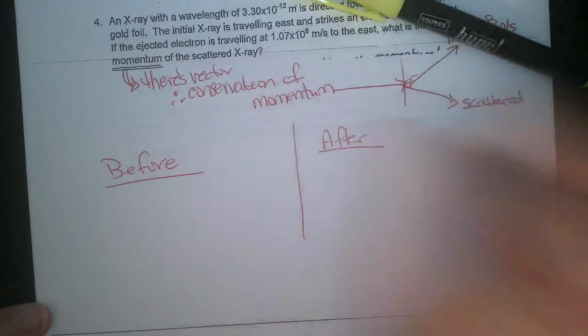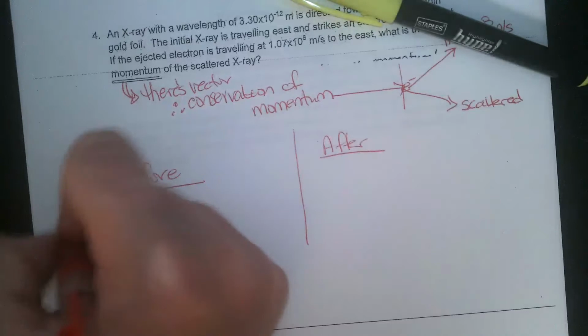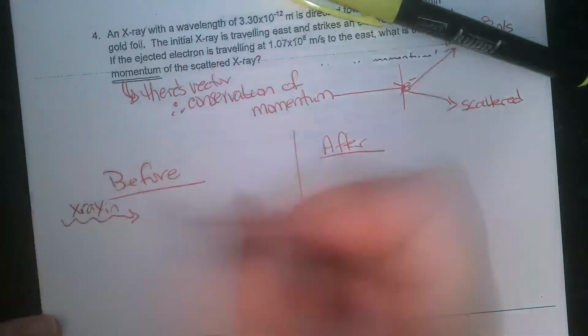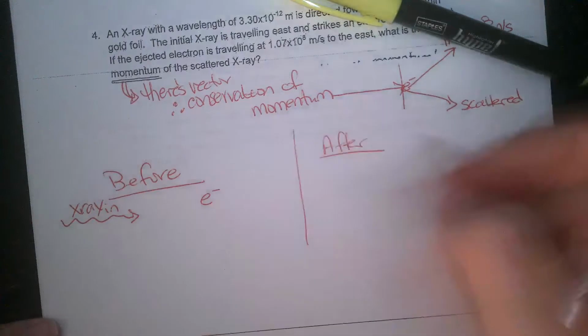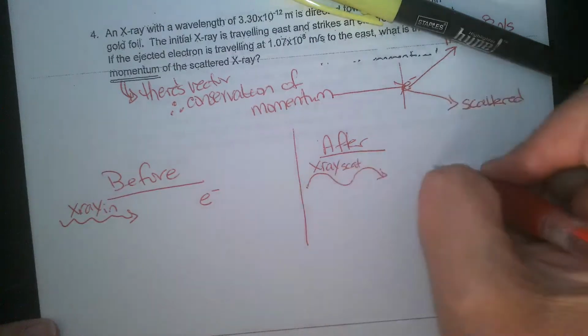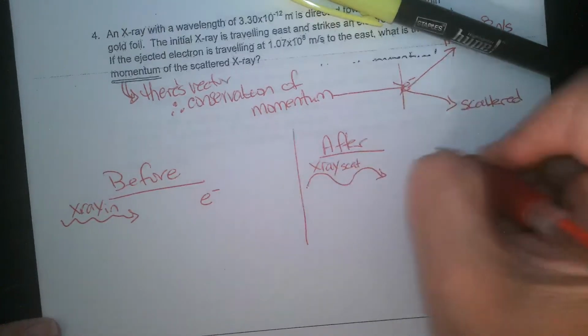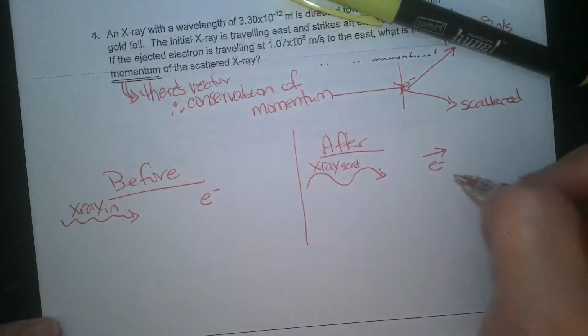Remember how to set these up. What do we have before? We have our incident X-ray, and we have our electron that's just sitting there hanging out. Afterwards, we have a much longer scattered X-ray, and we have an electron that is actually moving east as well.